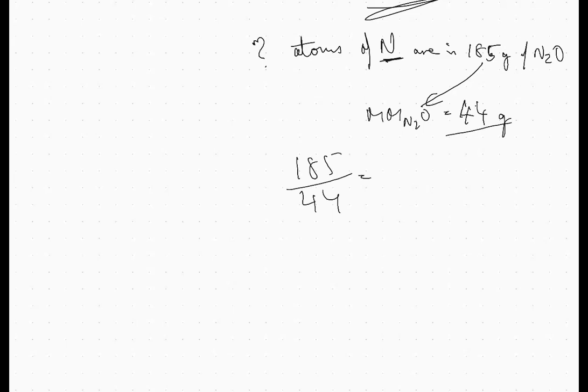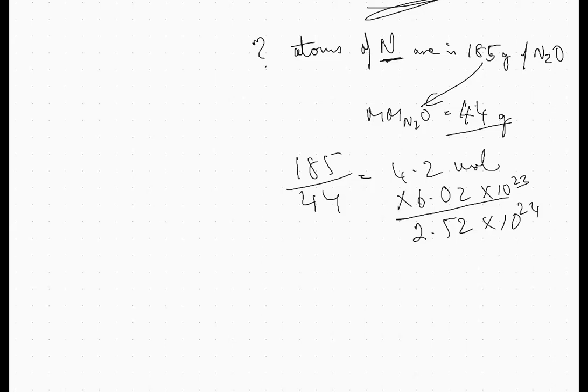How many molecules are there? You multiply by 6.02 times 10 to the power 23. 4.2 times 6.02, I get 2.52 times 10 to the power 24. Now in N2O, you get 2 atoms of nitrogen.